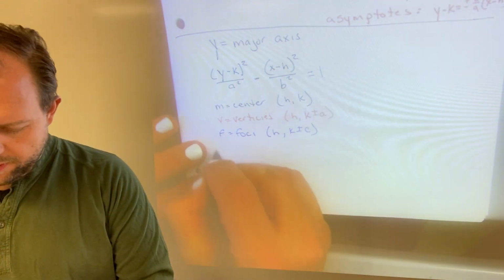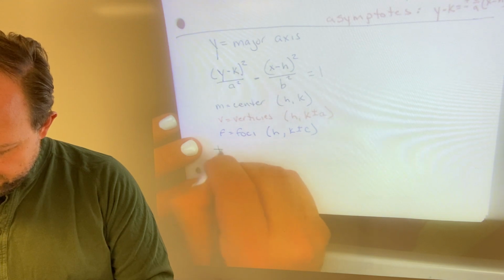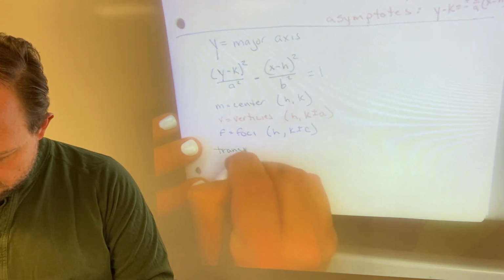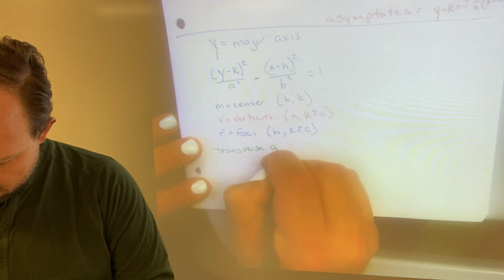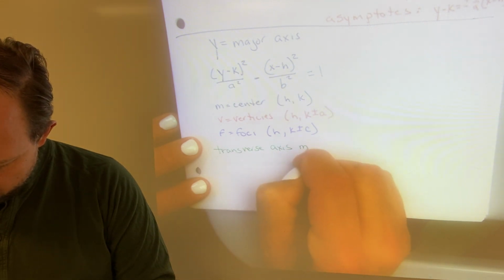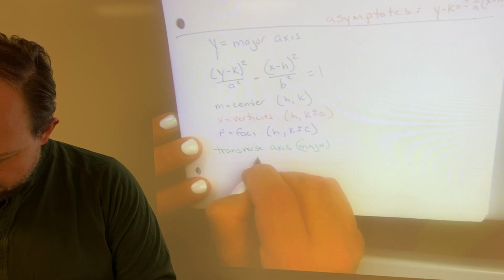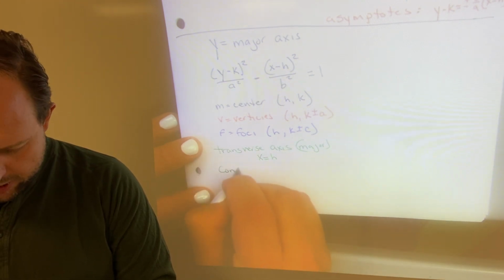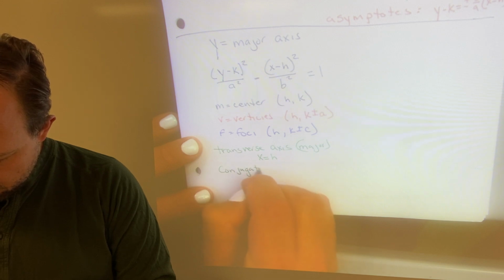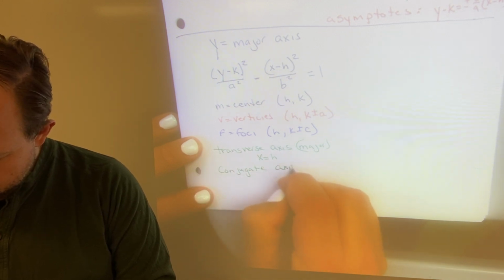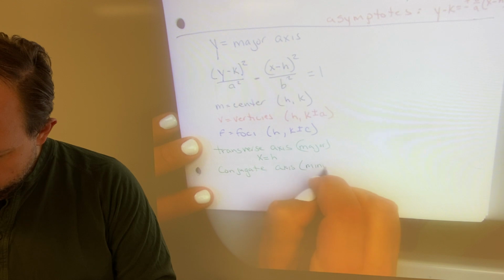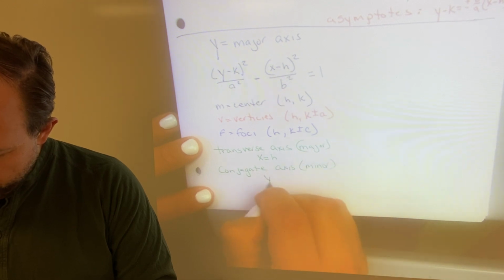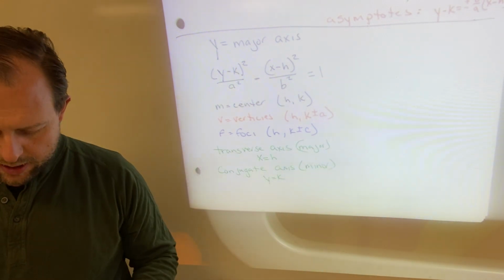Our axes are reversed, so the transverse axis or major is x equals h. Our conjugate axis or minor is at y equals k.